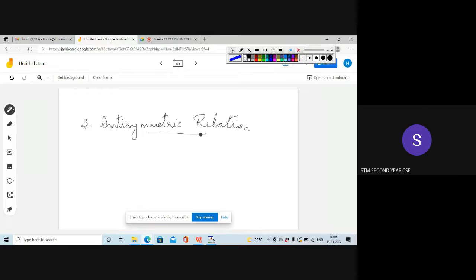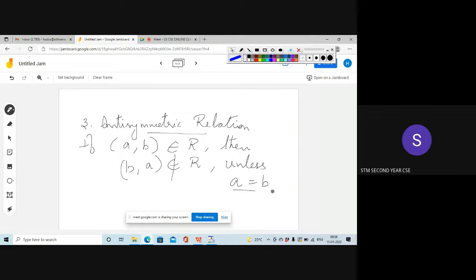Anti-symmetric relation. Now, what is an anti-symmetric relation? The anti-symmetric relation states that if (a, b) is an element of R, then (b, a) should not be an element of R unless a is equal to b. Okay, this is the anti-symmetric property.